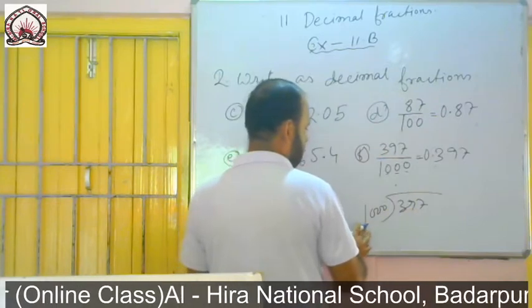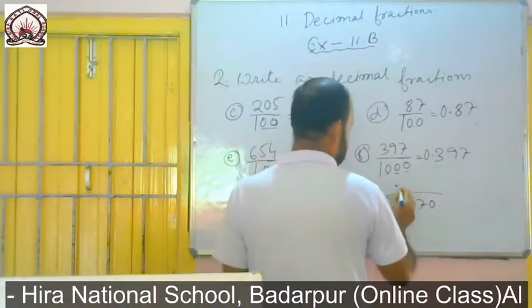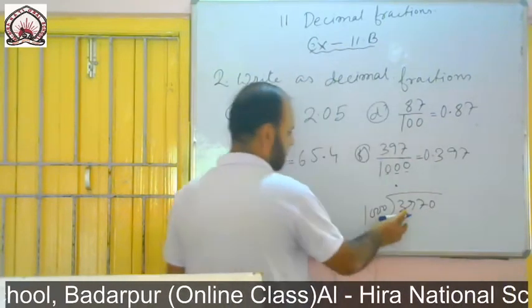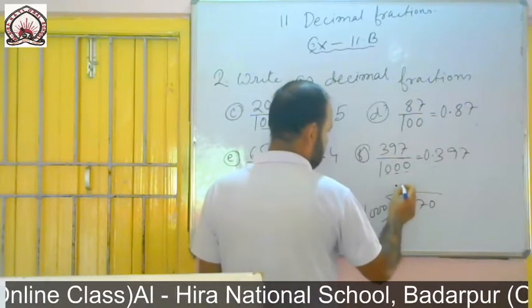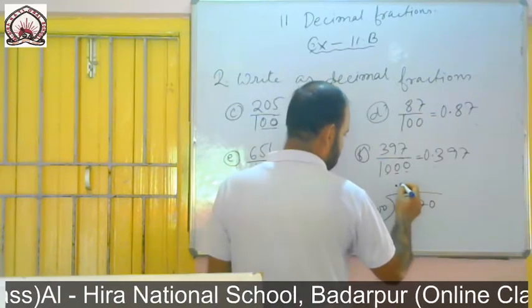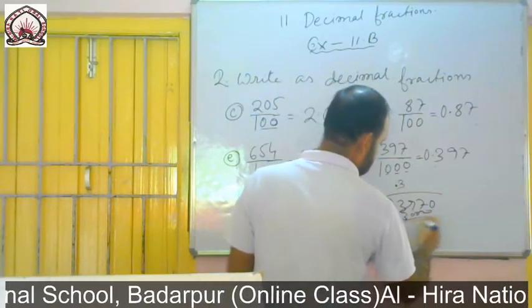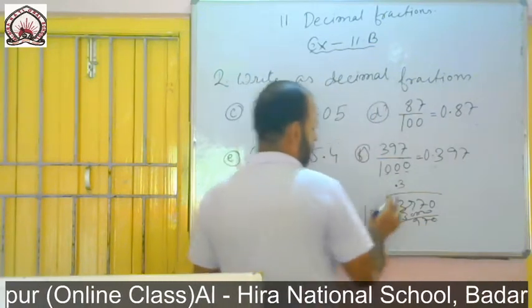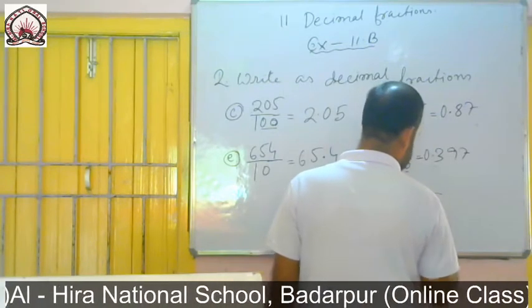Or if we divide also, how does the answer come? 397 does not go into 1000, because 397 is smaller than 1000. So we give a point there and add a 0, that means 3970. Then 1000 times 3 is 3000, remain 970. We know if one time we give the point, then we can add zeros many times.